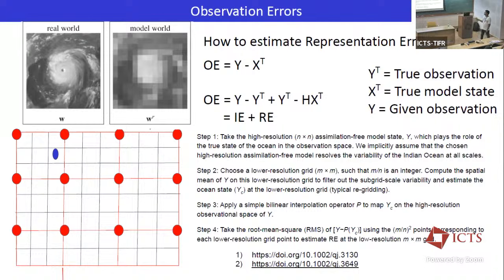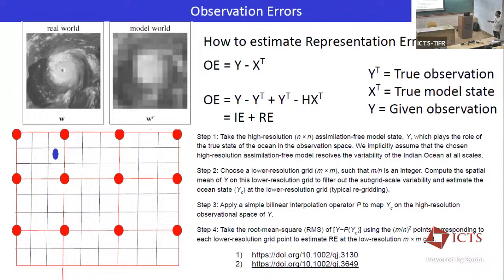So what exactly is observation error? The observation error is observation minus the truth. I can write it as whatever I have observed minus whatever the true observation should have been. So yt here is the true observation and y is something which we have observed.